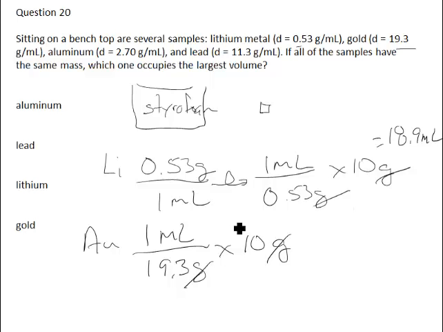So you see we're doing a ratio into the same mass here. And when I do that calculation, that one is much smaller. That turns out to be 0.52 milliliters, right? So the more dense things pack into a smaller space for the same mass. And the answer is going to be the lowest density, so lithium in this case. Lithium is the answer to question 20.